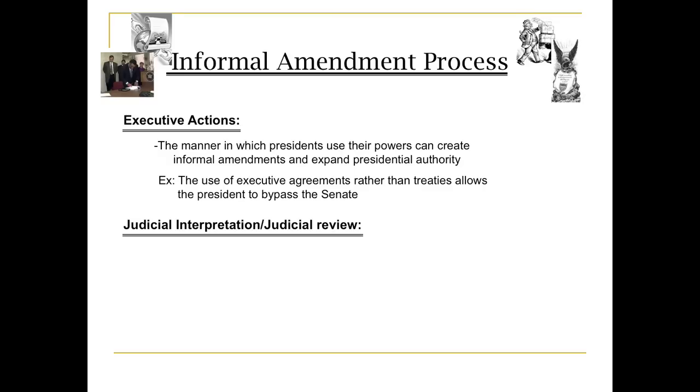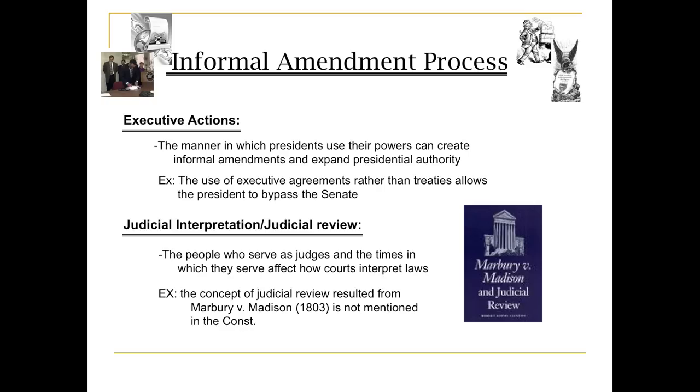Our third method is judicial interpretation and judicial review. So it's basically all 3 branches can informally amend the Constitution. The judges can just change the way they interpret the laws and how they read into things. Marbury versus Madison is a great example. There's nothing in the Constitution on judicial review, the power to declare an act unconstitutional.